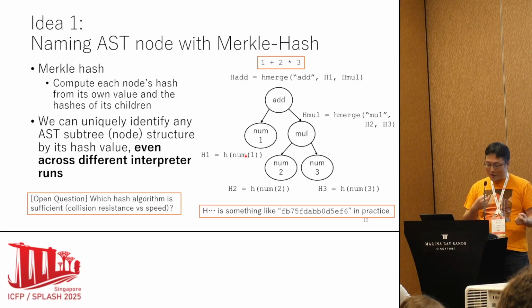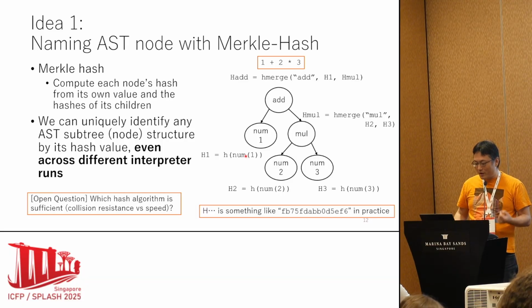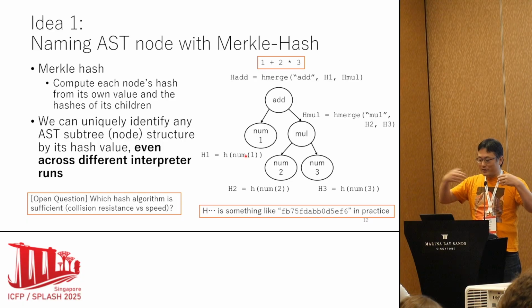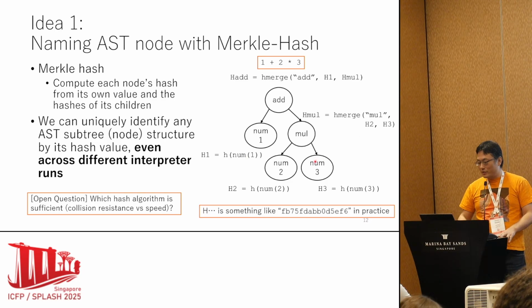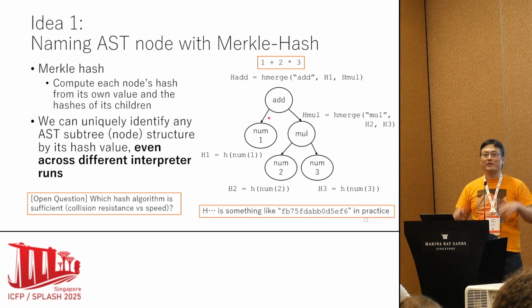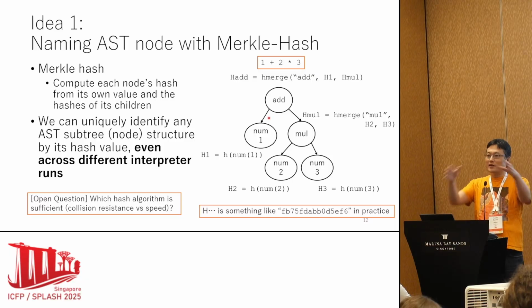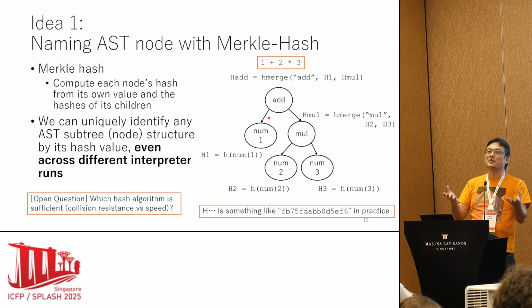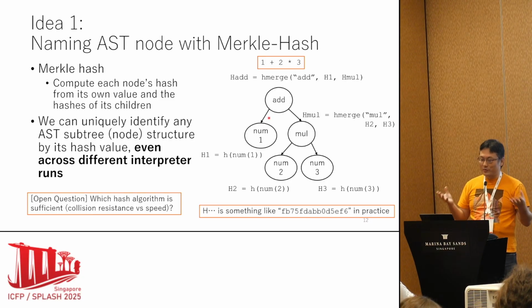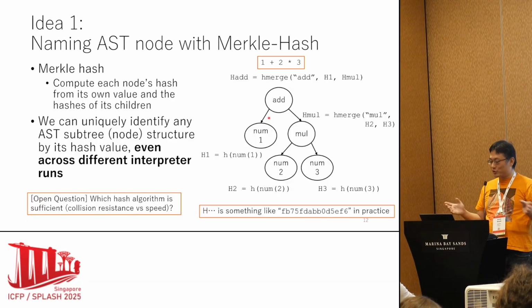But before explaining partial evaluation, I want to introduce another concept, another idea: Merkle hash. Merkle hash is known as a tree hash algorithm for tree structures. For example, Git uses Merkle hash to maintain the Git repository.